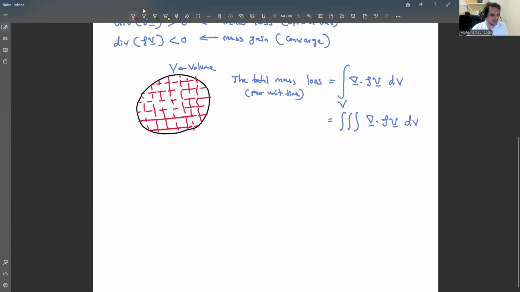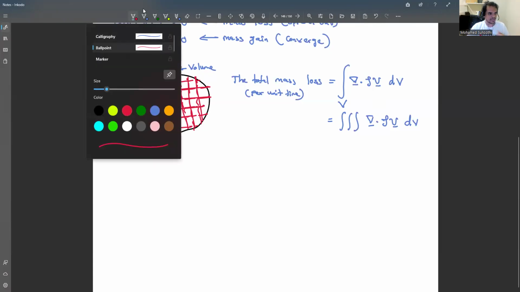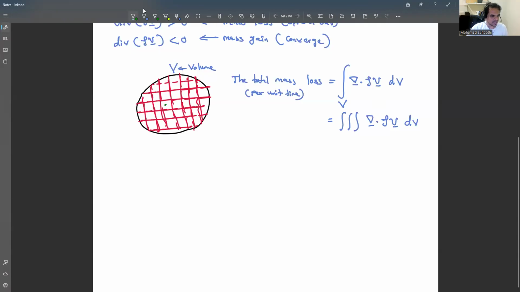Or else let me draw a solid line. So what is happening here? At each point you are calculating the mass loss from the divergence, applying the divergence at each point.